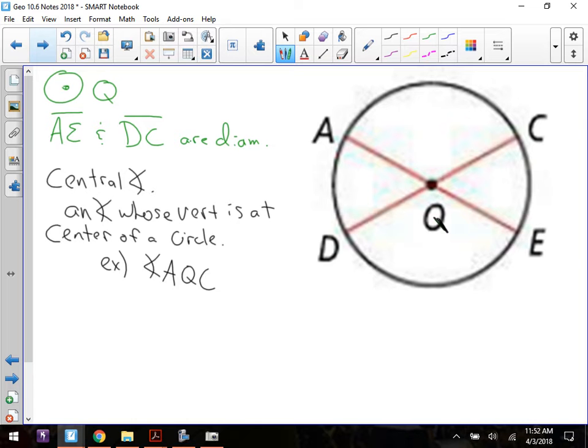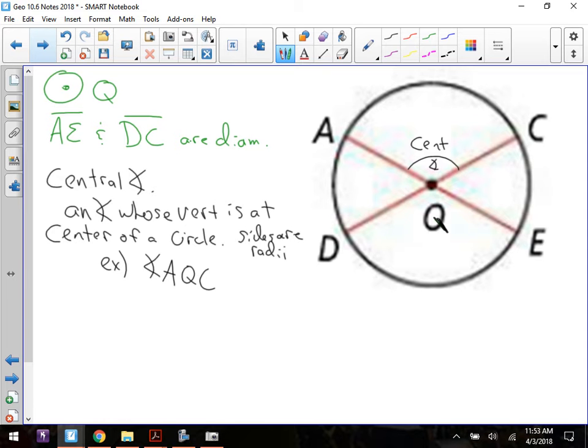The sides of a central angle are always radii. It's got to go from the side to the center to the side. So basically made up of radiuses, radii, excuse me. So this part here would be a central angle. Okay. Vertex at the center.